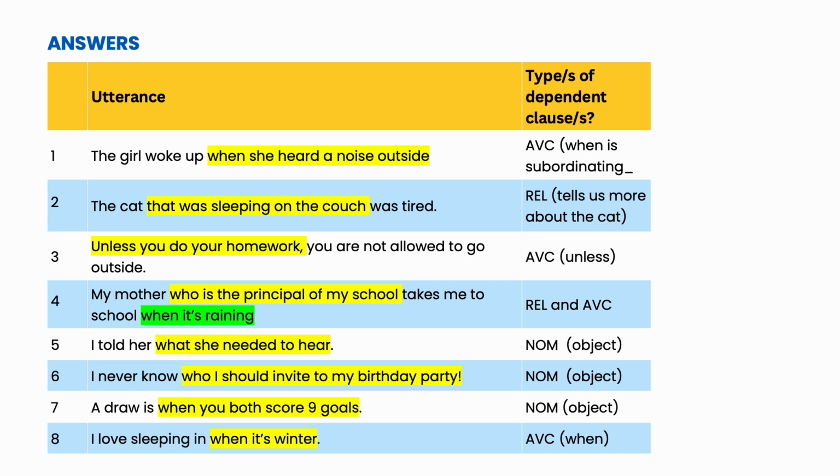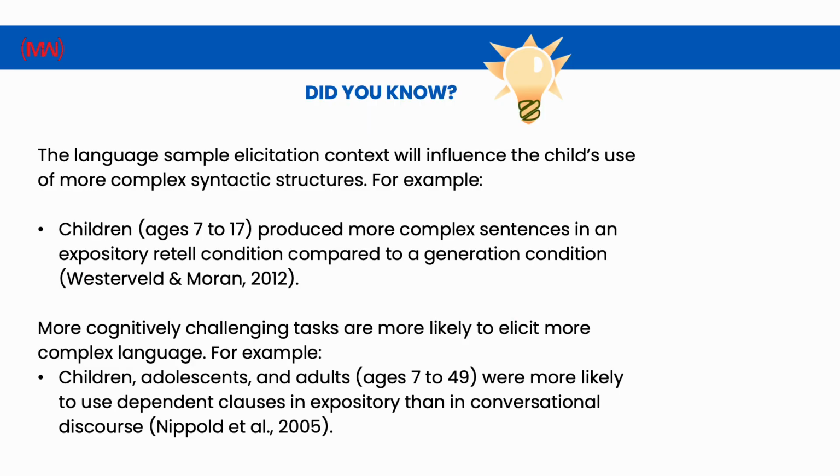"I love sleeping in when it's winter." Here it's an adverbial clause. It tells us more about time, and it's a subordinating conjunction. Now to finish off, did you know that the language sample elicitation context will influence the child's use of more complex syntactic structures?